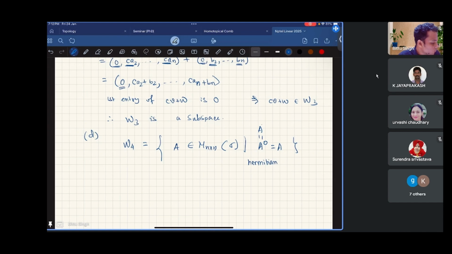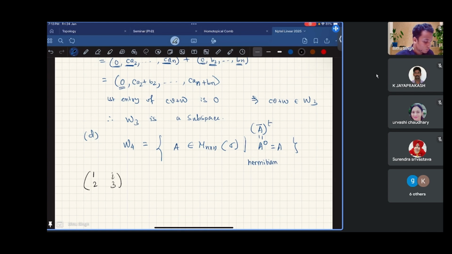So maybe we can denote it by A bar transpose. So what is the meaning of A bar transpose? Let us just do a quick example. For example, take the matrix 1, i, 2, 3. Is it Hermitian or not? Let us check.